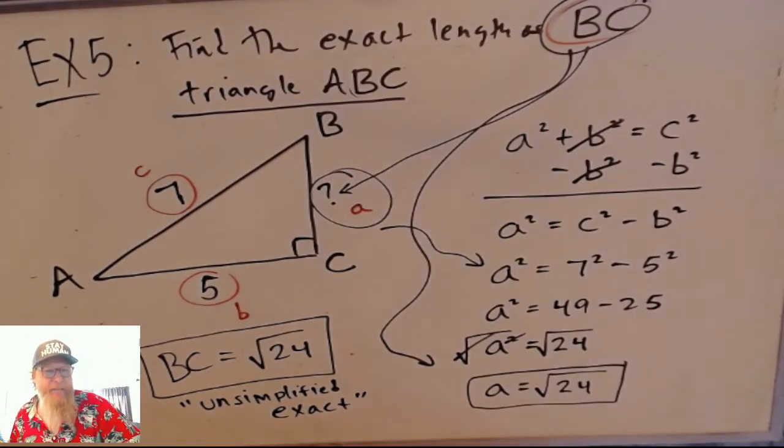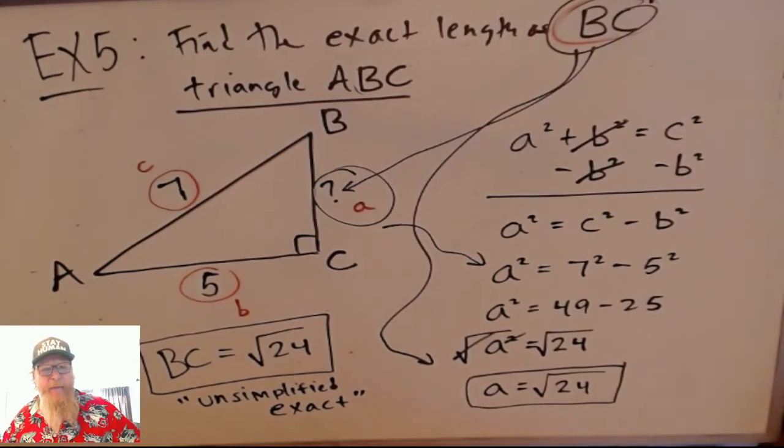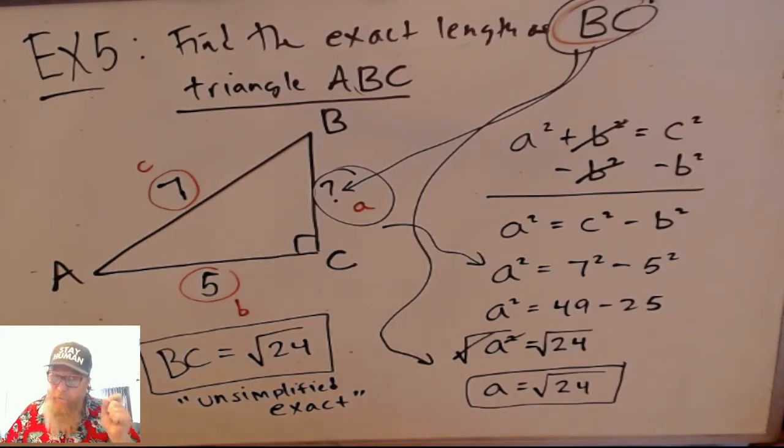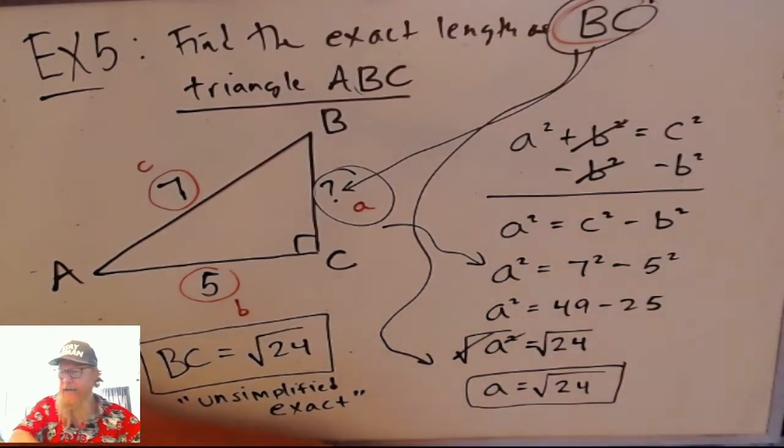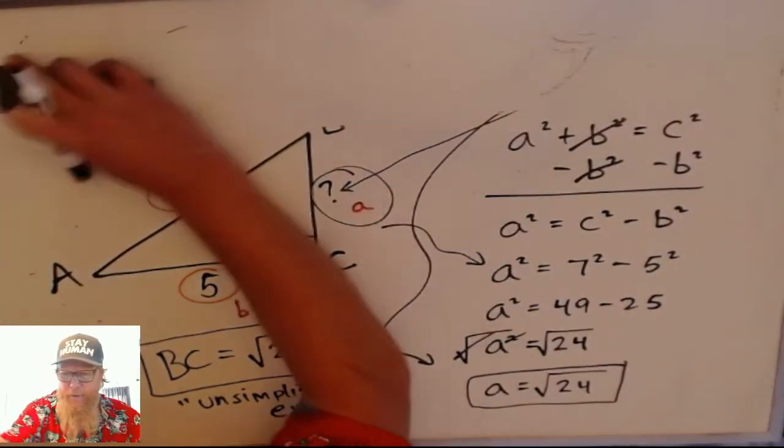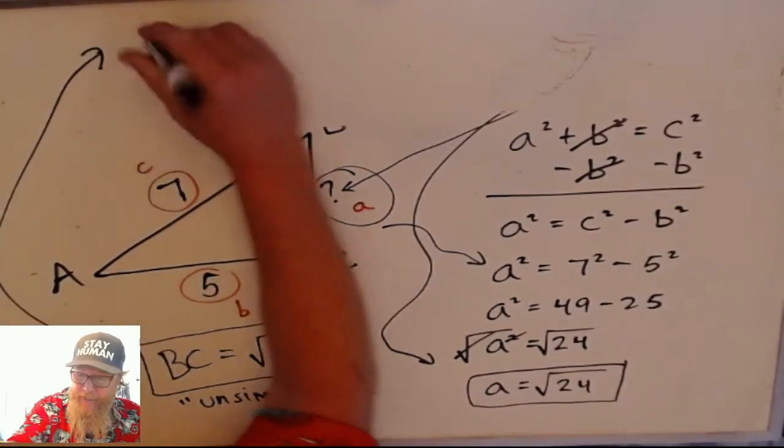Unsimplified exact answer. For the last couple examples, I'm going to give you the simplified exact answer. So we have to look for whether I'm saying exact or simplified exact. Let me give you a really quick, I won't call this an example yet.